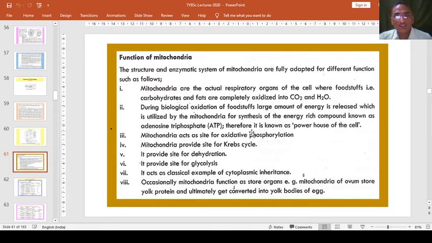Mitochondria also provide a site for the Krebs cycle, for dehydrogenation, and for glycolysis. It acts as a classical example of cytoplasmic inheritance, and occasionally it functions as a storage organ. For example, mitochondria of the ovum store yolk protein, which ultimately gets converted into yolk bodies of the egg. Up to this we have studied.